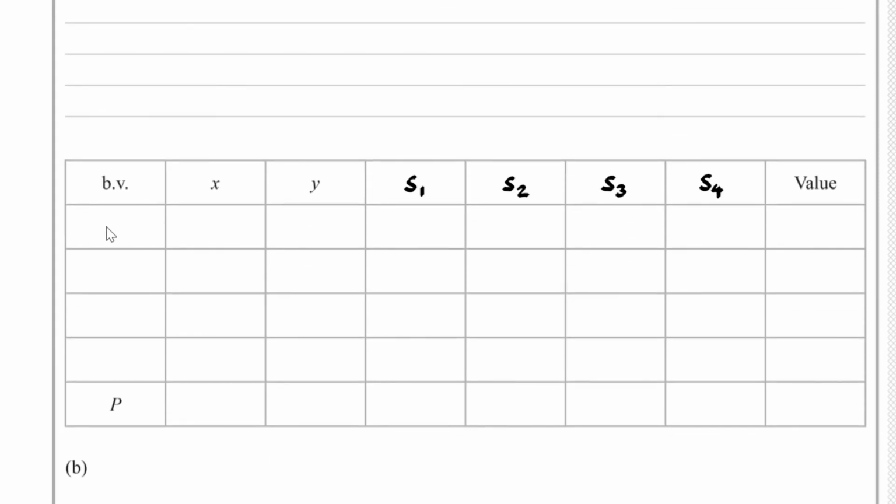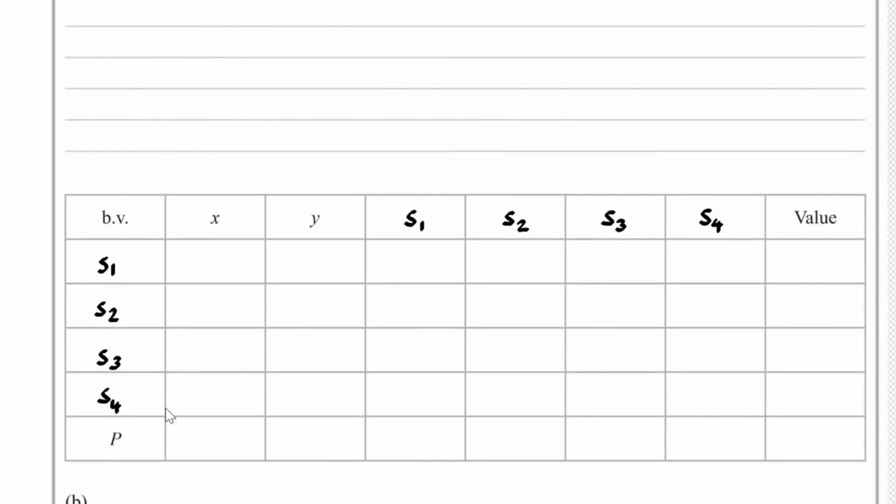Well, for the missing columns here, we have our surpluses S1, S2, S3, and S4. And then for our basic variables, we start off with S1, S2, S3 and S4, and then we've got P as well.